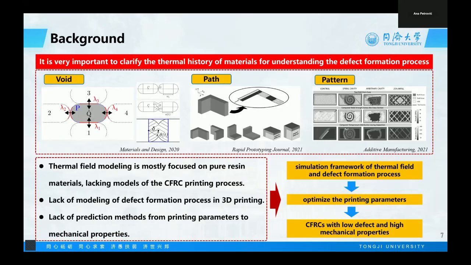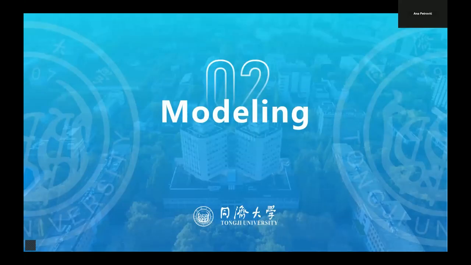Considering this knowledge gap, the objective of our study is to establish a simulation framework of the thermal field and the defect formation process. Thus, we can optimize the printing parameters and manufacture CFRCs with low defects and high mechanical properties.